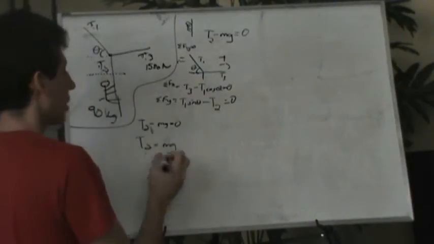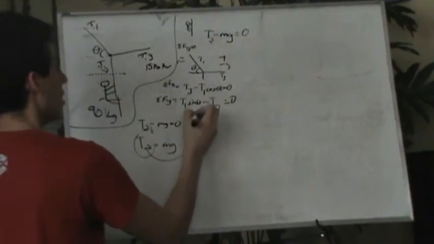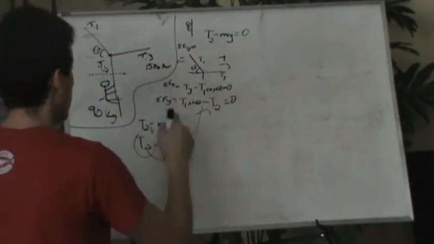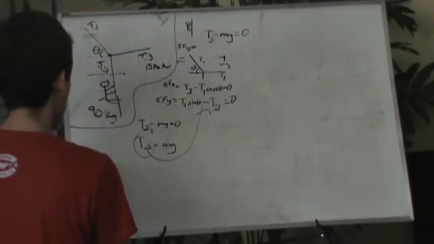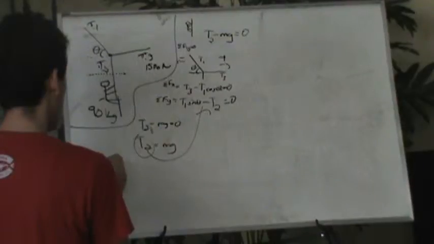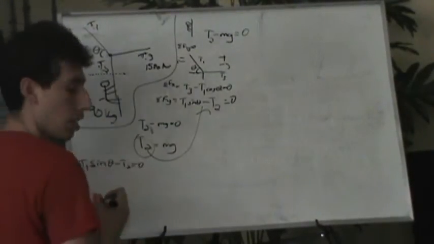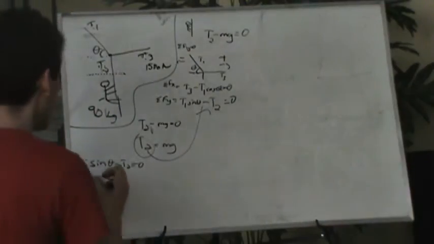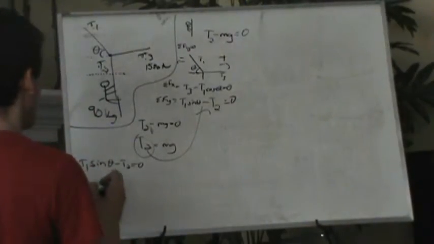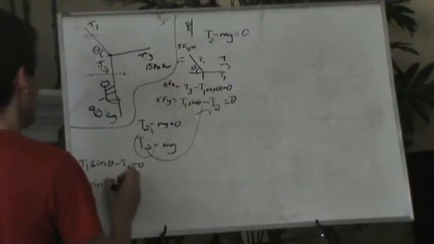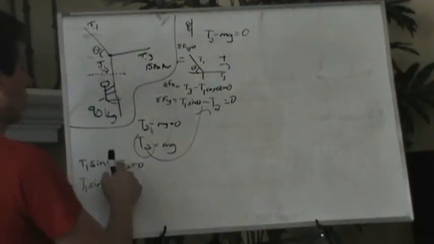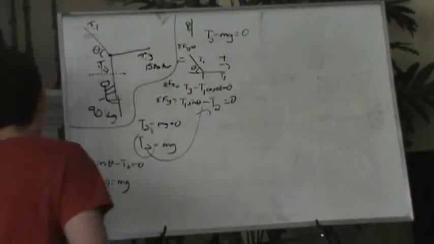And this is helpful because now you can plug this into here. So T1 sine theta minus T2 is equal to 0. Now that just becomes T1 sine theta is equal to mg. Again, I just moved this here and then converted it to this.